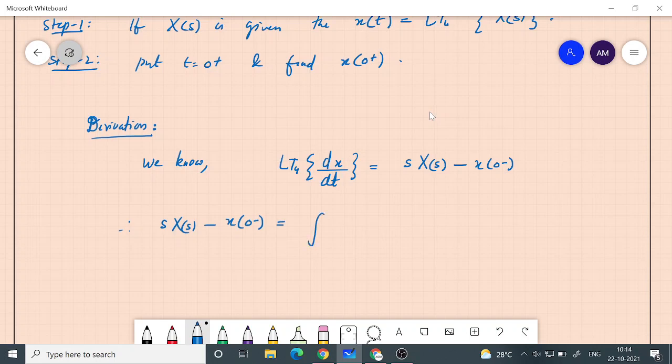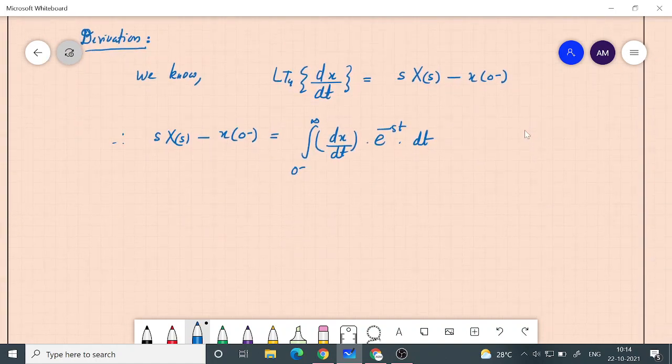If I apply the definition, that is the integral from 0 minus to infinity of dx by dt e raised to minus st dt. Basically, in order to prove or derive our initial value theorem, we just need to start from this property, the Laplace transform of the derivative of a function.